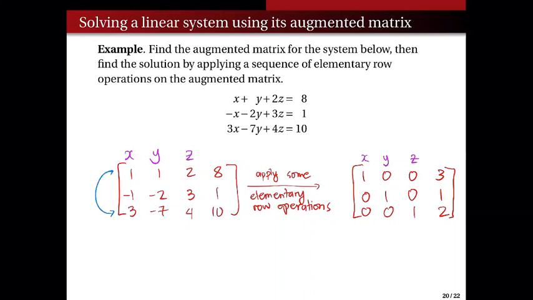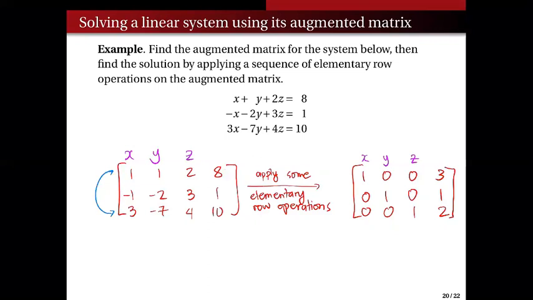Do you still remember your elementary row operations? Interchanging two rows is a valid operation, and it won't change the solution set of the linear system. So if you chose the third row, you put the third row to the top row.